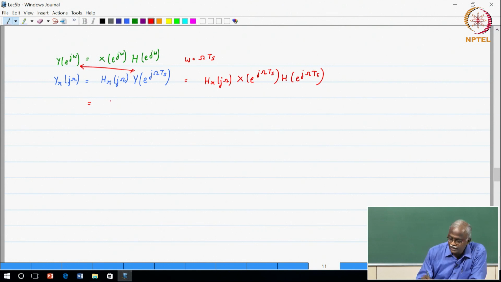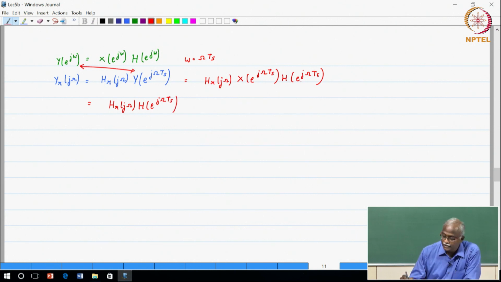Next, to get a little more insight into the signal we are interested in, this can be written as Hr of j omega He of j omega Ts, that is the discrete time LTI system, and the signal Xe can be written in terms of the corresponding continuous counterpart, which is 1 over Ts summation k equal to minus infinity to infinity Xc of j times omega minus k times 2 pi by Ts.